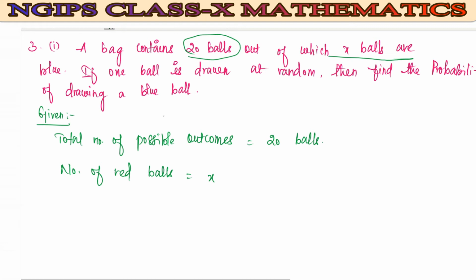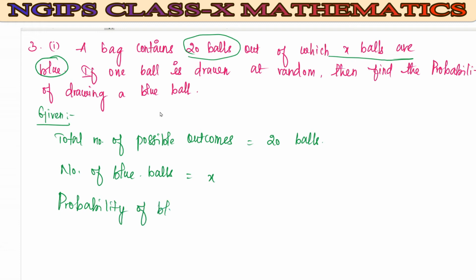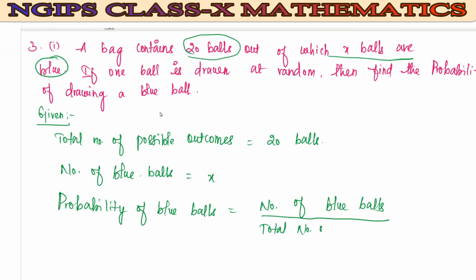So here we need to find out the probability of blue balls, which is equal to number of blue balls divided by total number of possible outcomes.